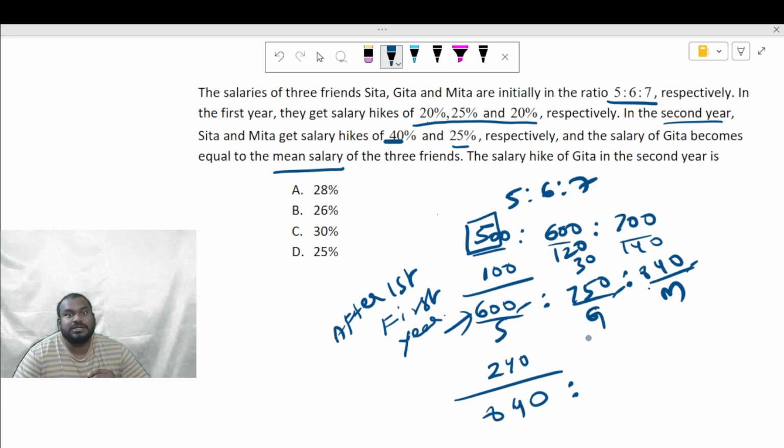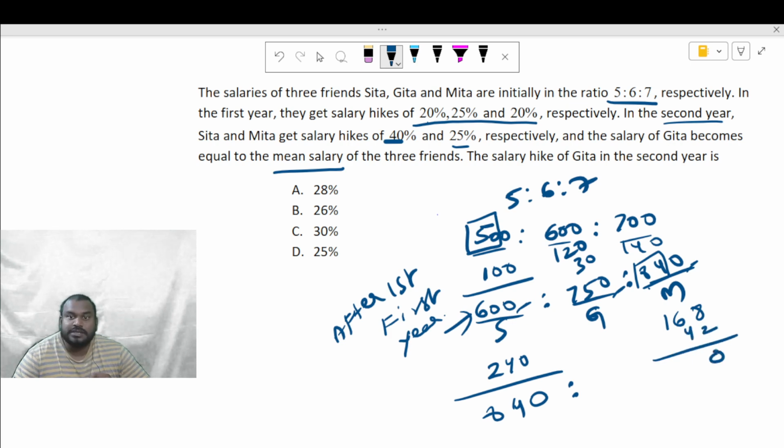Next, 25% on 840 is how much? 840 plus, 10% is 84, 20% is 168, and the remaining 5% is 42.